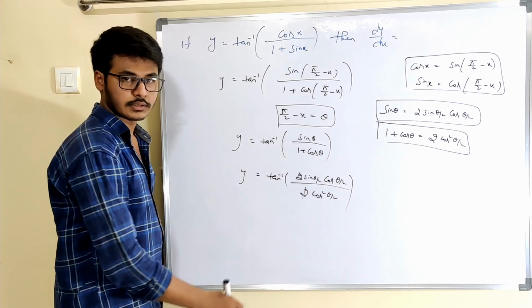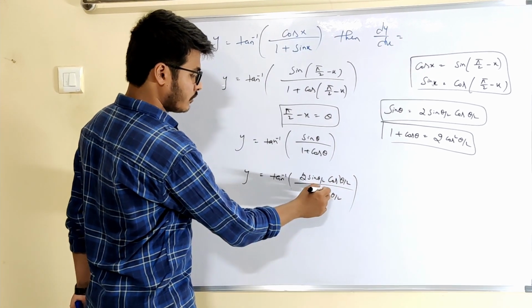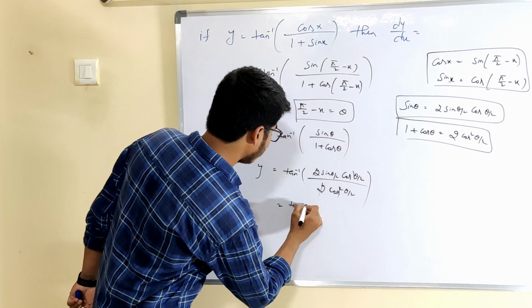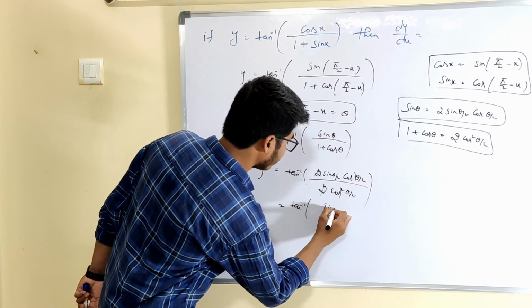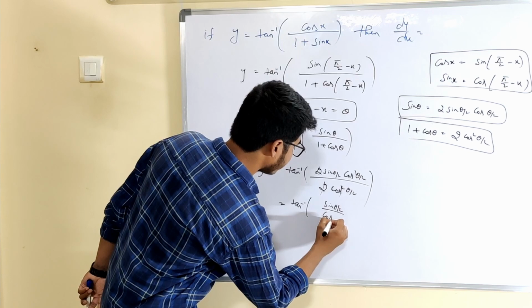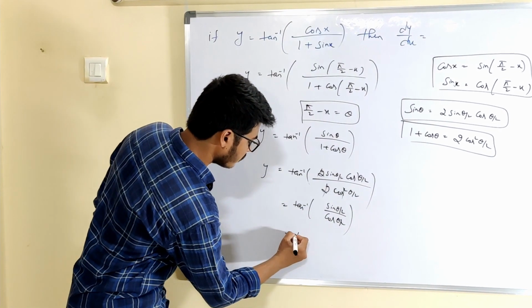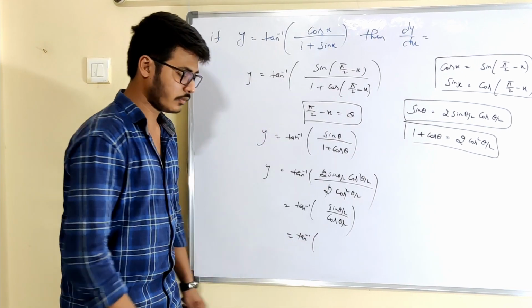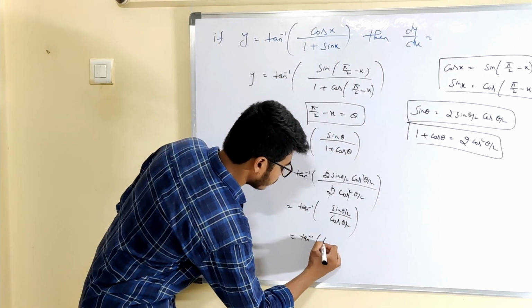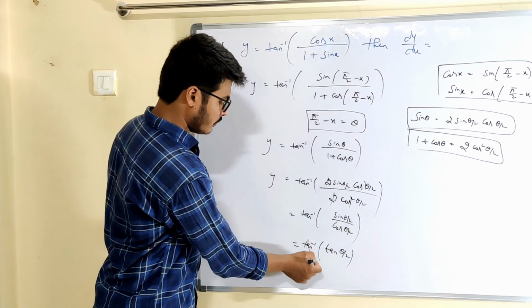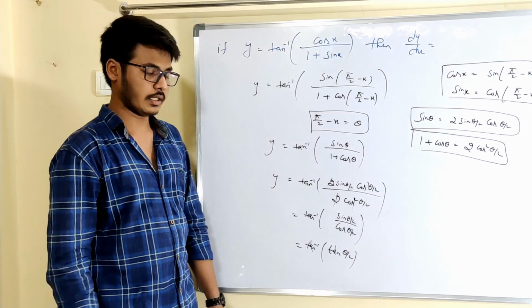Here 2 will get cancelled out, and cos theta by 2 will get cancelled out. So we get tan inverse of sin theta by 2 by cos theta by 2. So we get tan inverse of sin by cos, which is tan theta by 2. Here tan inverse and tan will get cancelled out.